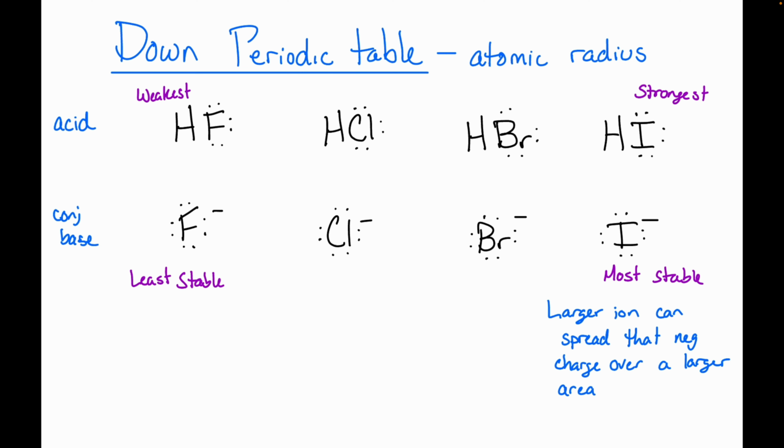The electrons in the iodide ion are much more spaced out than the electrons in the fluoride ion. So if we're going across the period, it depends on the electronegativity. If we're going down the period, it's the size.